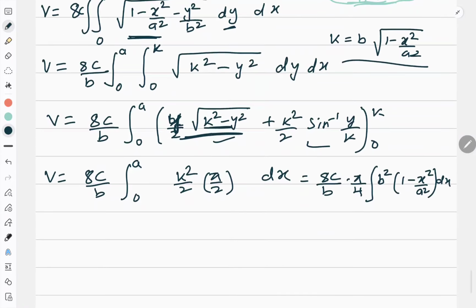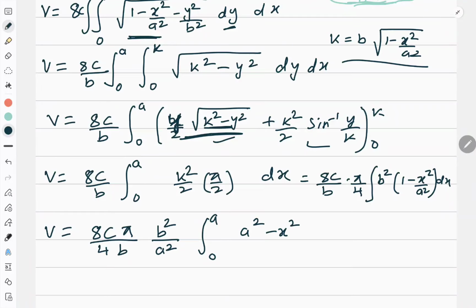You can take b² outside, and you can take the LCM and a² also outside. So volume is equal to 8c π/4b · b²/a² integral 0 to a of (a² − x²).